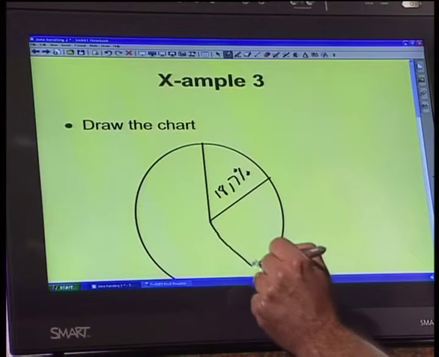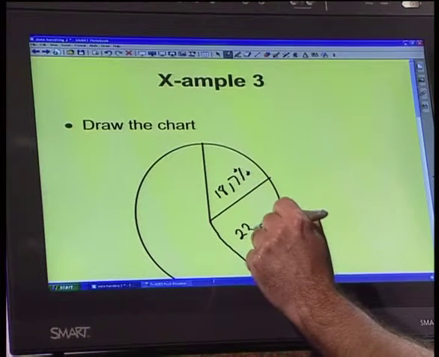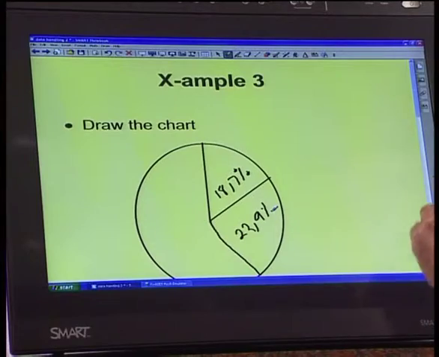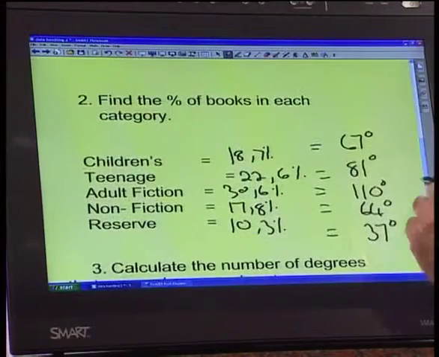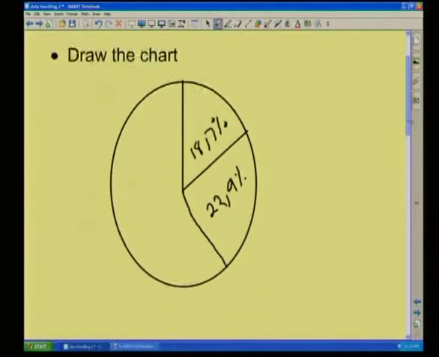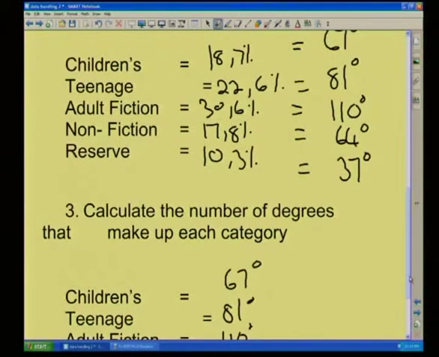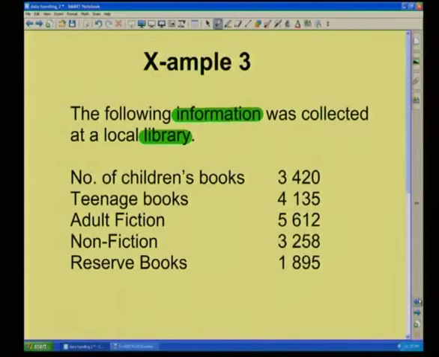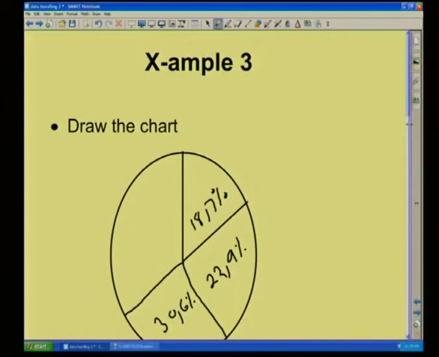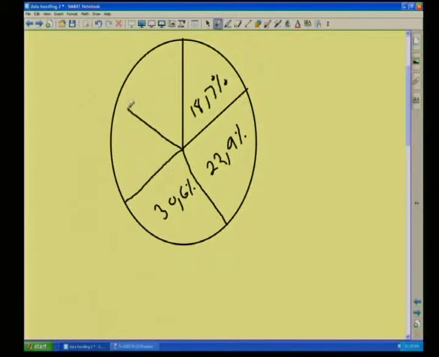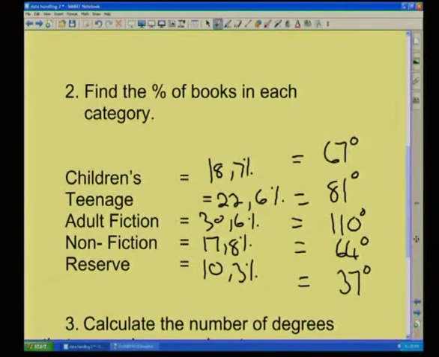So another 90 degrees about there, and I've got 22.6%. 30.6%, 17.8%, another 64 degrees. And my final one will be 10.3%.